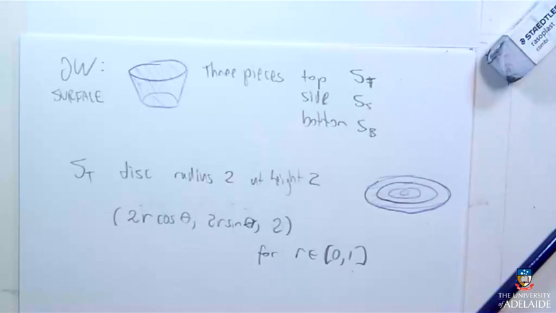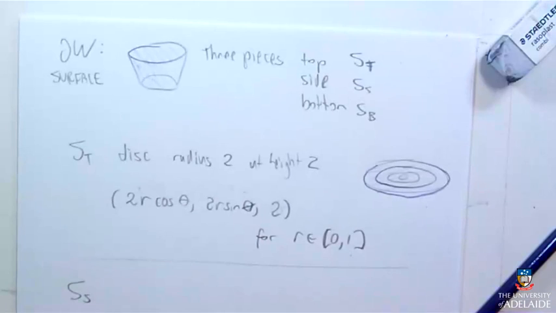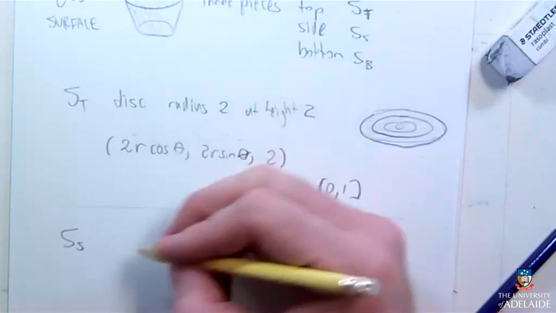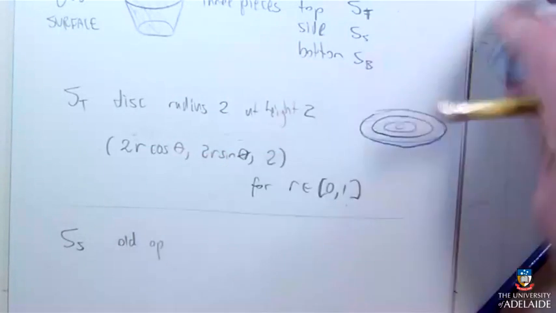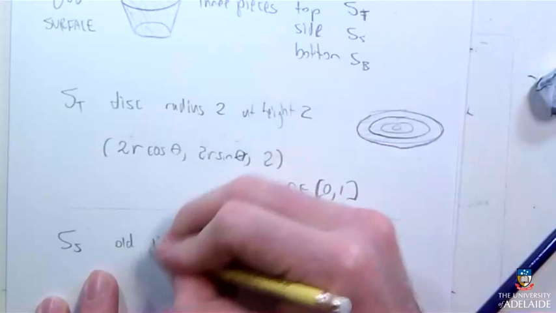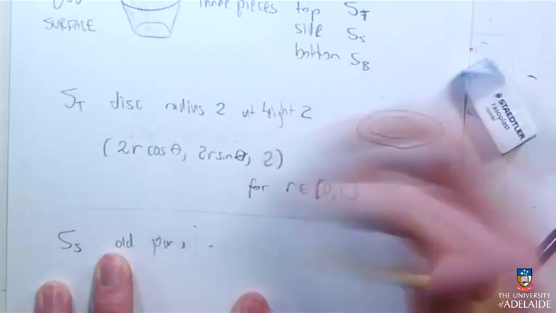So I'll just do all of them now, and then we'll deal with that in a second. So the trick here is you look at your earlier parameterization and you just pick the values that are on the surface. Yep. So let's do this one explicitly that way. It's my old parameterization.